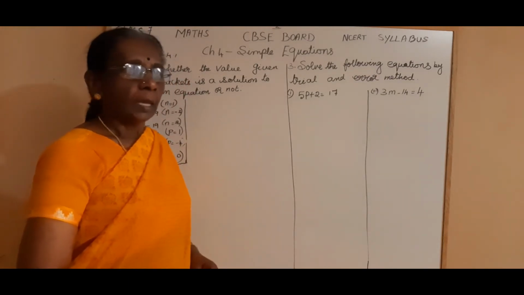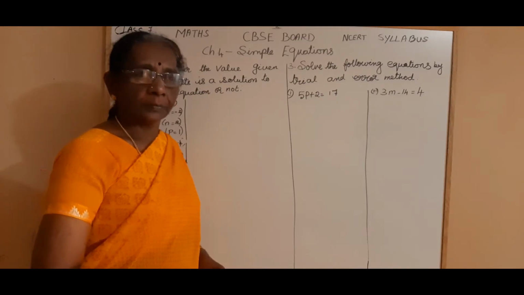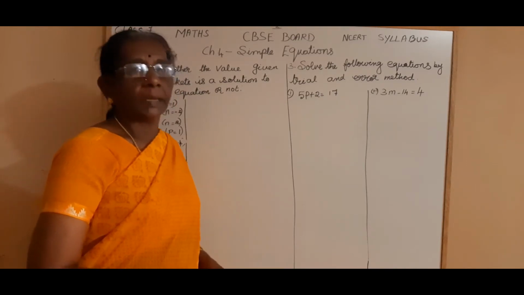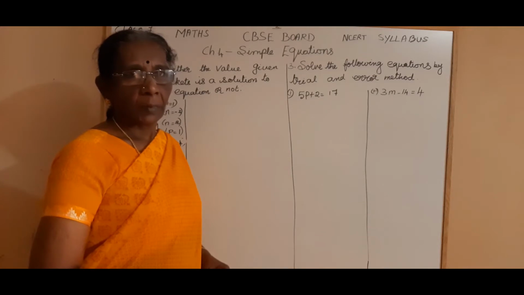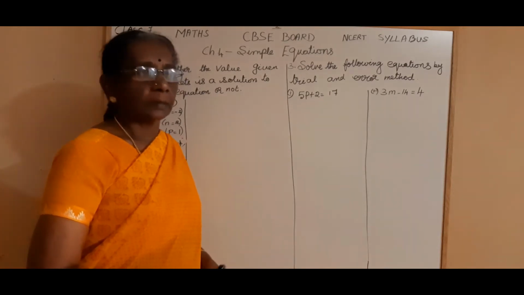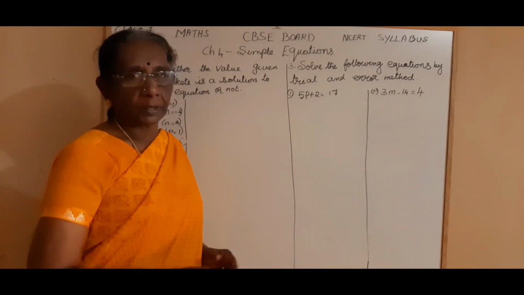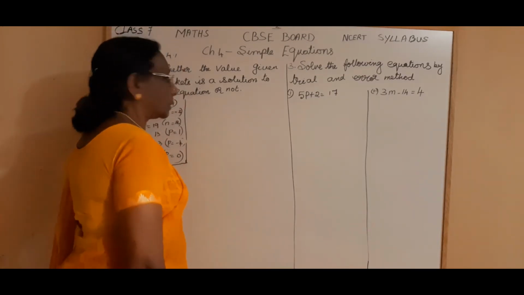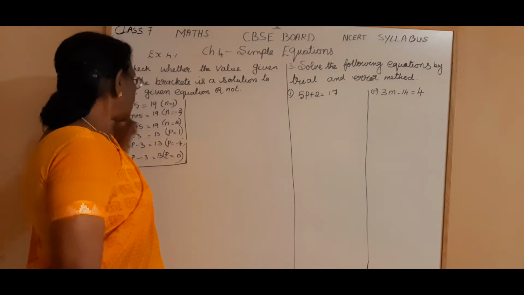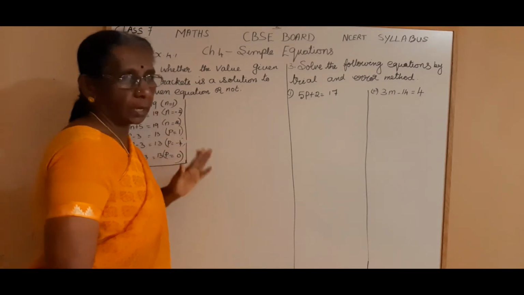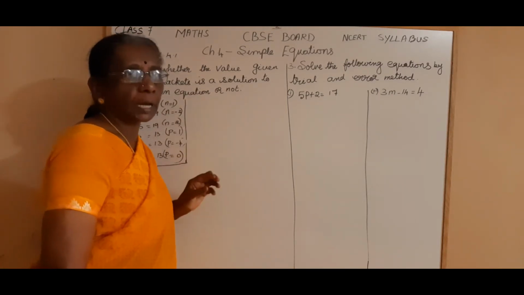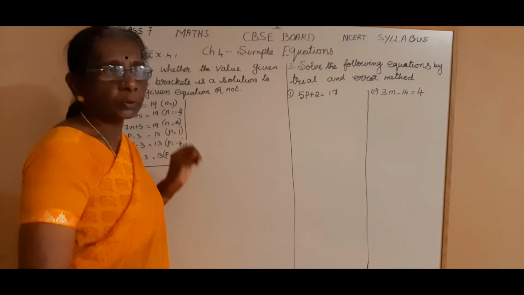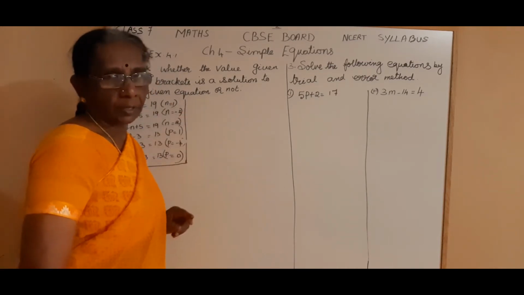Solution means the value of the variable x in the equation that satisfies the equation. That means when you substitute the given value in the equation, the left hand side and the right hand side should be equal. Then that particular number is called the solution of the equation.